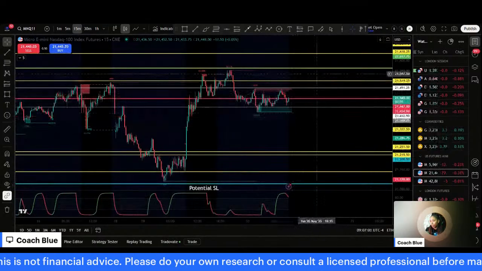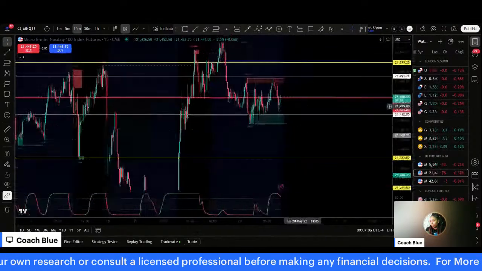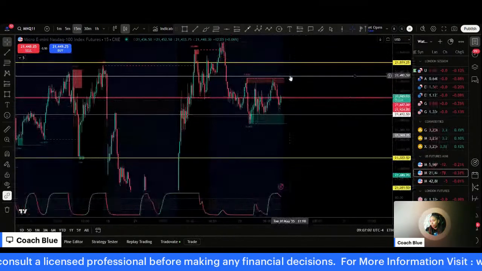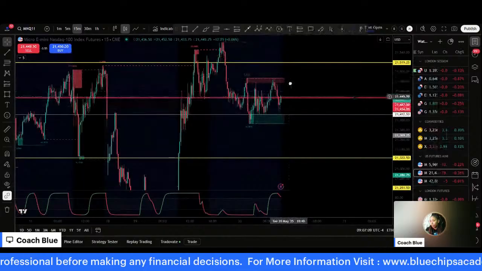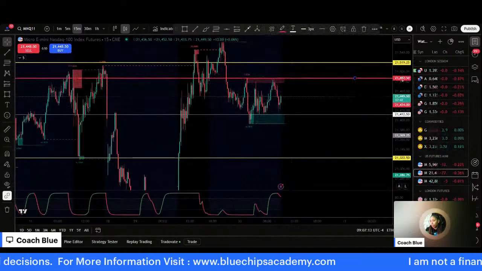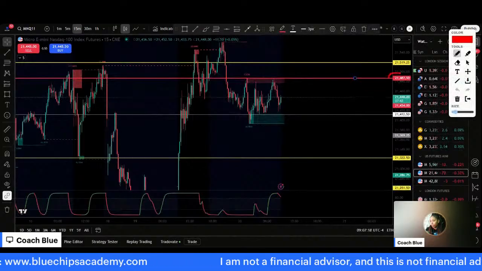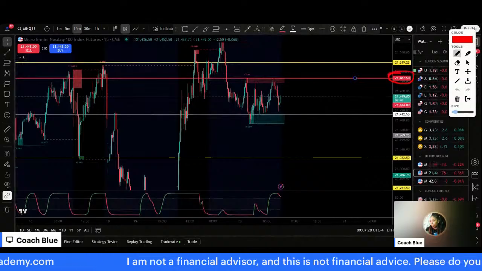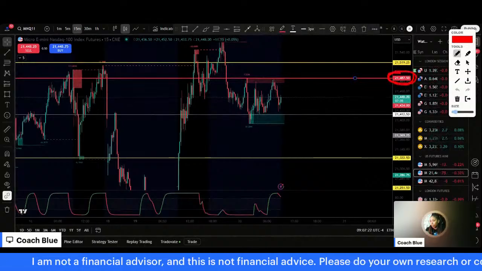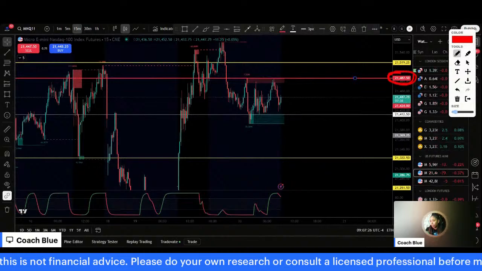All right? So we are looking at possible entry at this level here, which is 21,487.50. That's the price. We're looking at a BPC rejection or confirmation at 21,487.50.